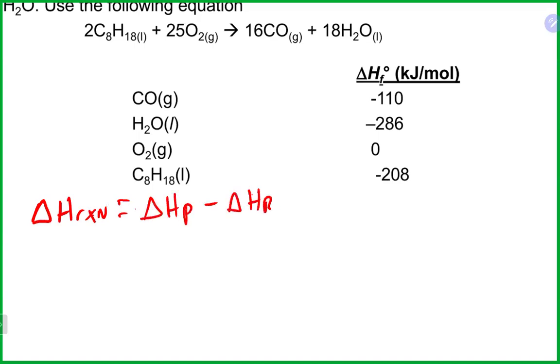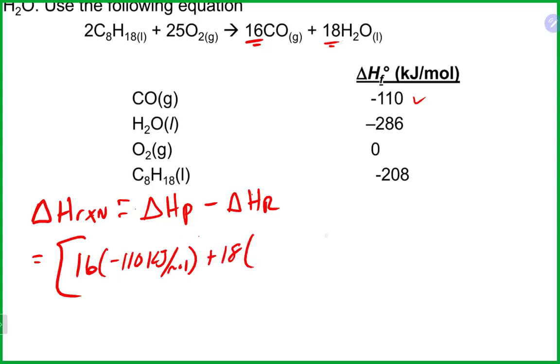All right, so starting on our product side, we got 16 of the COs. So that's going to give us 16 times the value of CO, which is minus 110. In this case, we also have 18 water, so we then need to add 18 times the value of water, minus 286 kilojoules per mole.